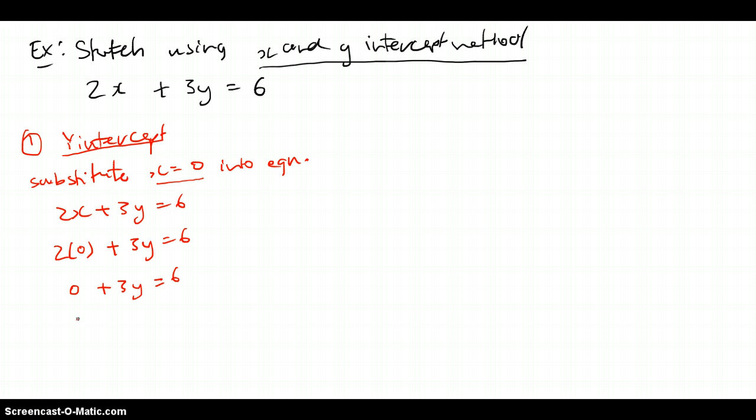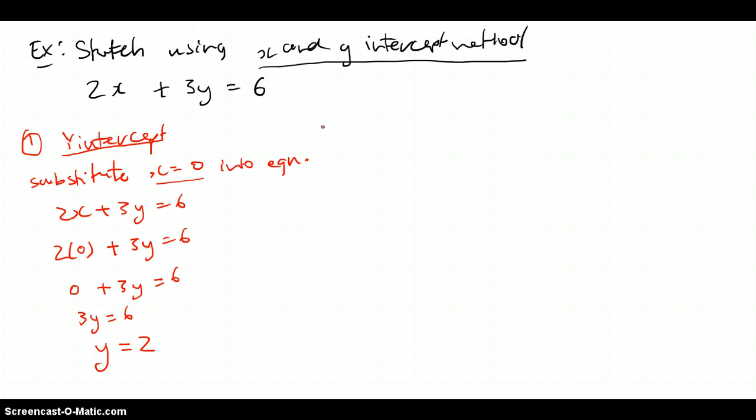So when something's 0 there, we can just write it as 3y is equal to 6. In this case, 3 times something equals 6. What is this something that we're multiplying by to get 6? So in this case, y is equal to 2. Okay, so we need to sketch the point y is equal to 2 on the y-axis.